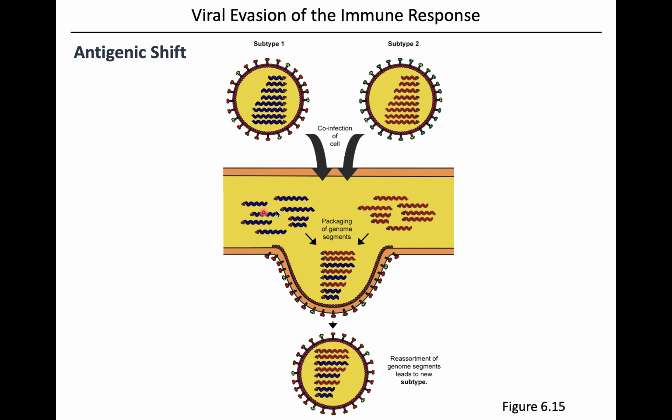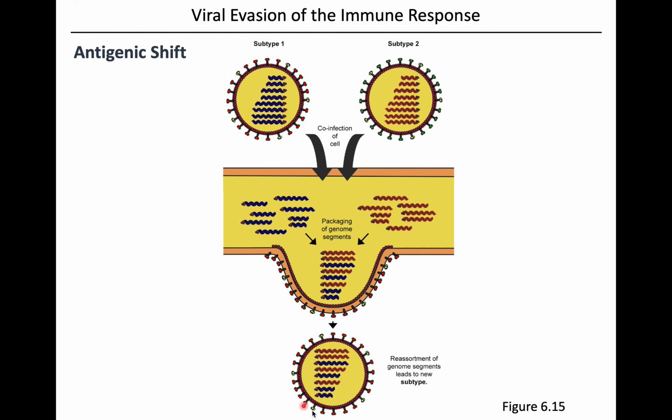So if you have both of these subtypes in one cell, carrying out their replication cycles at the same time, when this infected cell goes to package up new virions, it needs to have the correct number of genome segments, but it's not going to be capable of distinguishing segments from one subtype or the other. So it's just going to randomly grab the number that it needs, and that may include molecules from both subtypes.